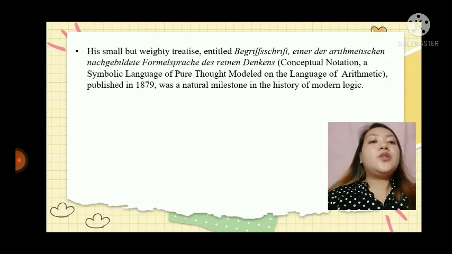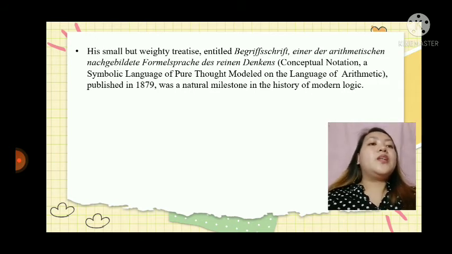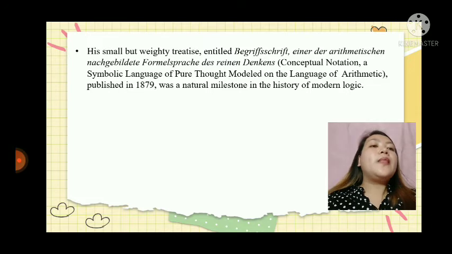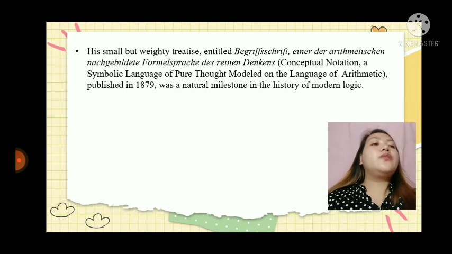His small but weighty treatise entitled Begriffsschrift, eine der arithmetischen nachgebildete Formelsprache des reinen Denkens, or conceptual notation, a symbolic language of pure thought modeled on the language of arithmetic, published in 1879, was a natural milestone in the history of modern logic.